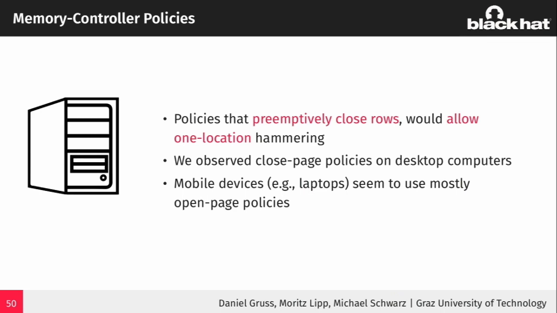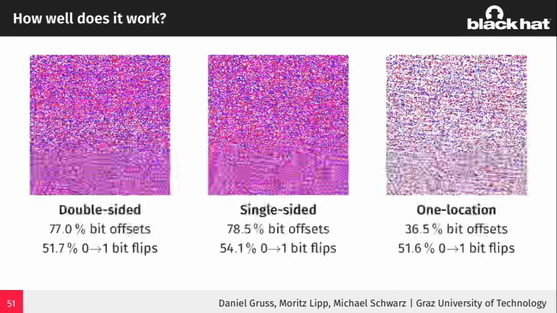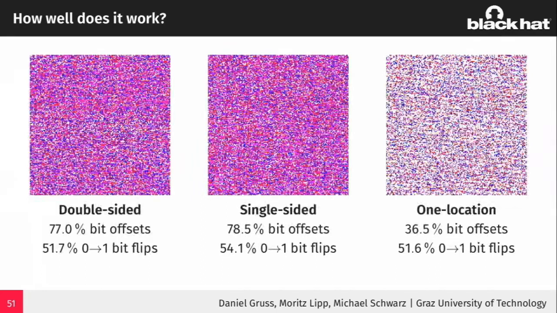So the question then is, how well does one location hammering perform? It performs worse than double-sided. Of course, double-sided is the best. It performs worse than single-sided, but still we get a very nice distribution of bit flips across the 4 kilobyte range. This is a 4 kilobyte page split up into lines. Every dot represents 1 bit offset in the page.